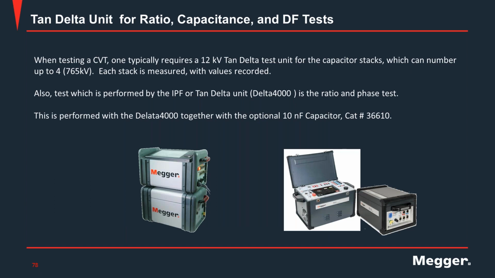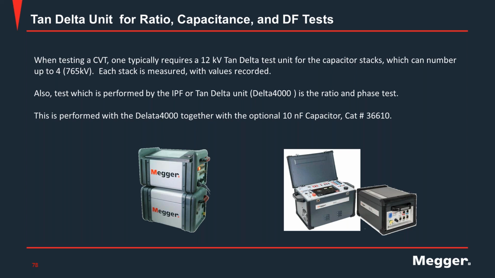We have another test equipment for testing the CVT. When testing a CVT, one typically requires a 12 kV tan delta test unit for the capacitor stacks, since we have these capacitors in the CVTs, which can number up to four for 765 kV. Each stack is measured with values recorded.